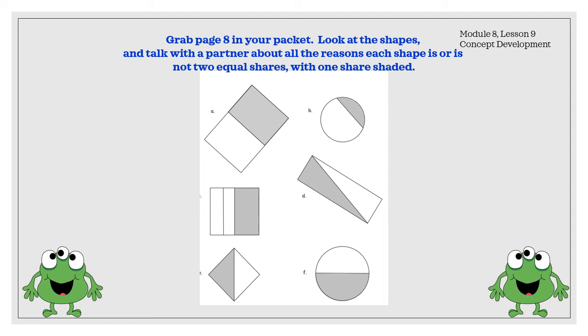Once you are done discussing, I want you to circle as many shapes that you see that are showing 1/2 shaded, and it has to be showing 2 equal shares. If you see a shape that is not partitioned into 2 equal shares or showing 1/2 shaded, you can put an X through it. Pause the video for your think time.